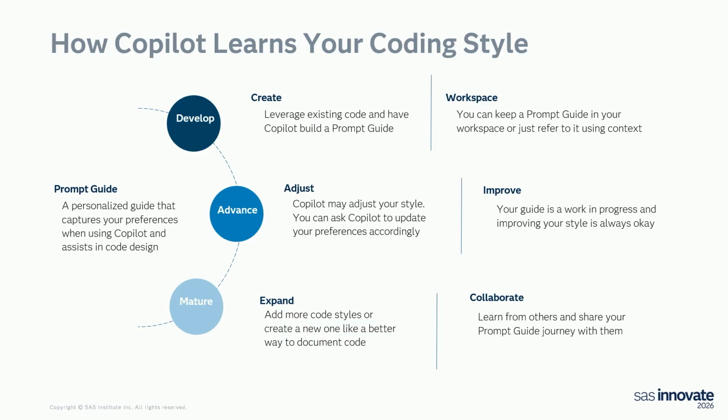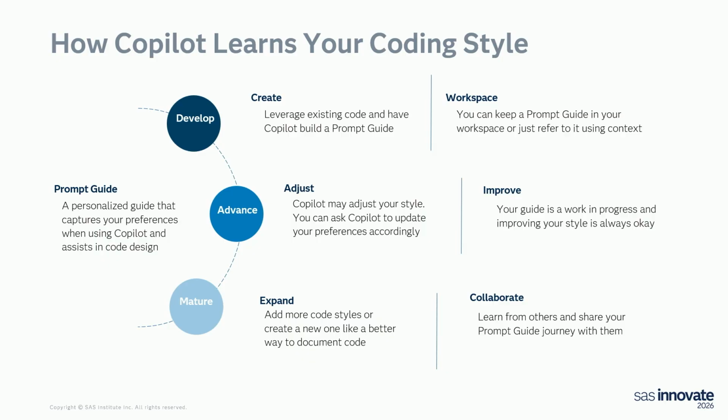Copilot is going to go through and say, it looks like he always likes different things with his SQL. This is how I want to apply it when he's dealing with the SAS part, he likes using pass-through statements. So I'm going to apply all these characteristics to his style when he's developing the code, which is going to make us produce that code faster and faster every time we adjust with it.